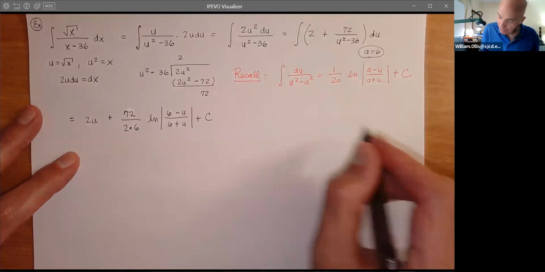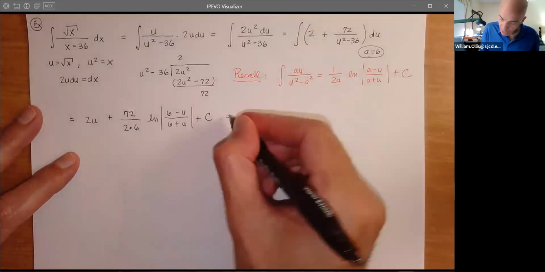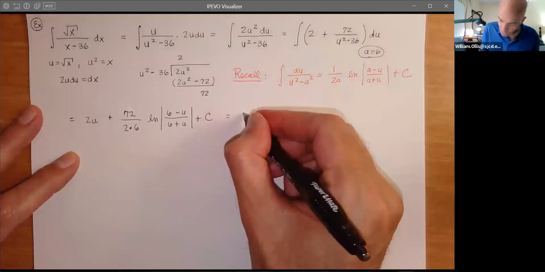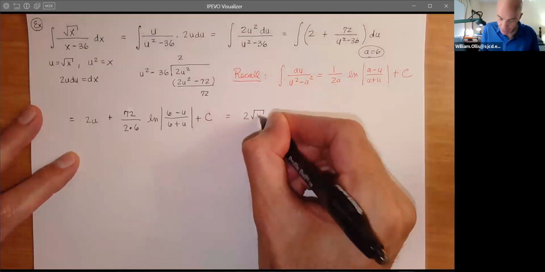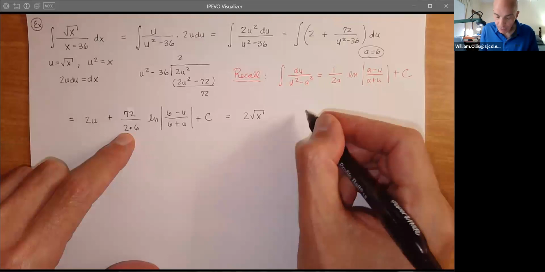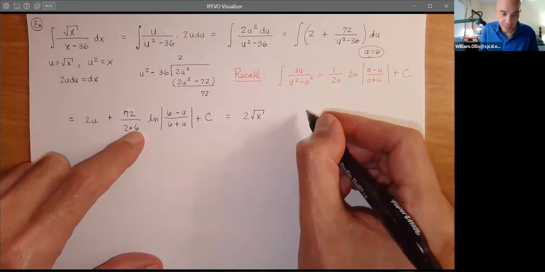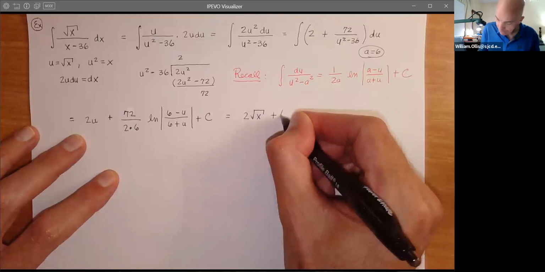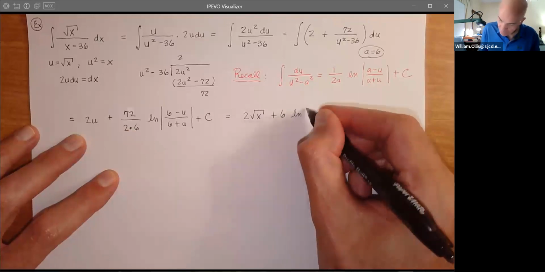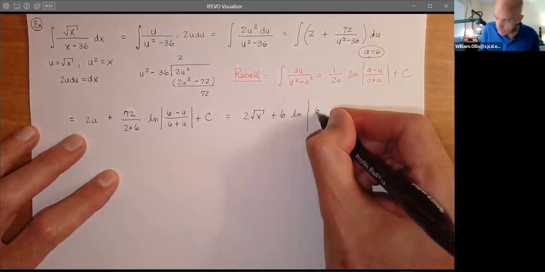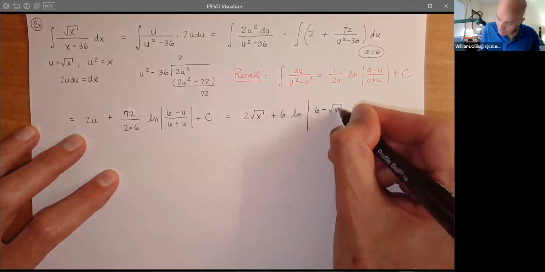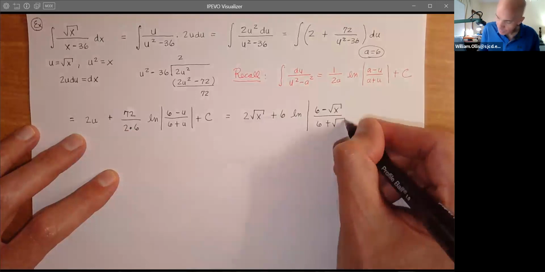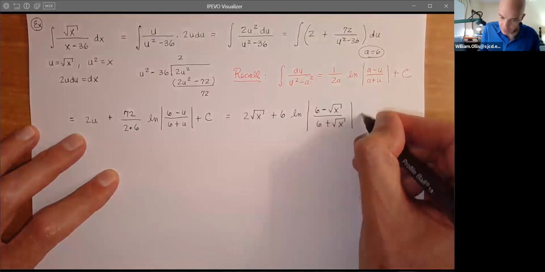So now we have 2u, and u is the square root of x, so 2 square root x. And here we've got 72 divided by 12, which is 6. And then we have ln of 6 minus square root x over 6 plus square root x, plus a constant.